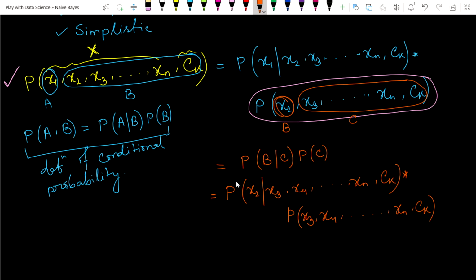And here also we have this term. So I just calculated this thing here.